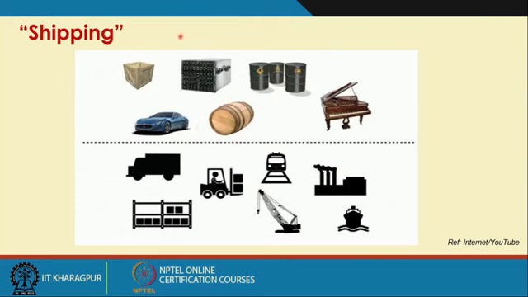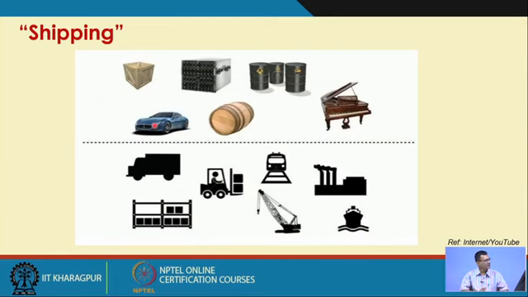So, there are a variety of products and a variety of techniques and technologies involved in shipping these products, right. Unless I standardize, the type of mechanism required for a server will differ from what you do for a piano or for a car, right. So, unless I make a standardized way of doing this business, things will not work, right.